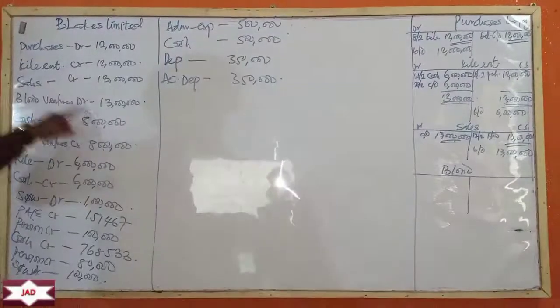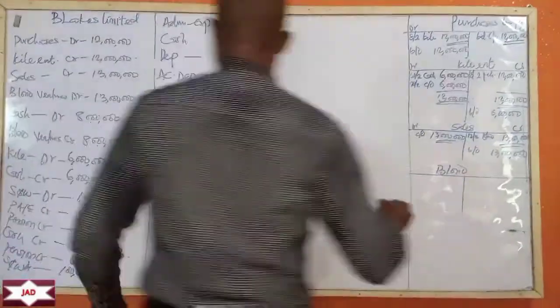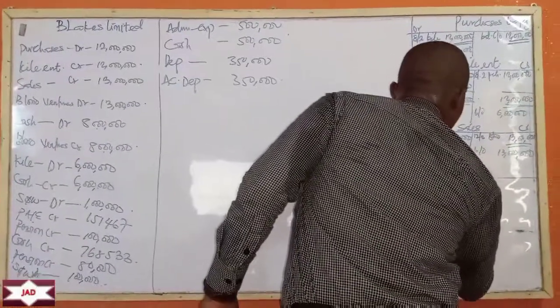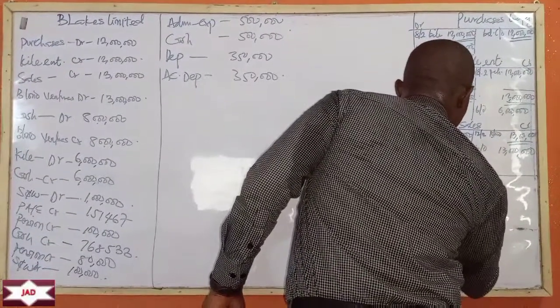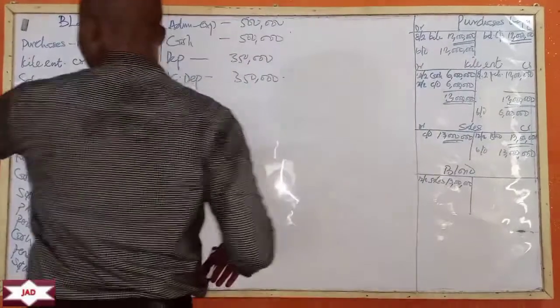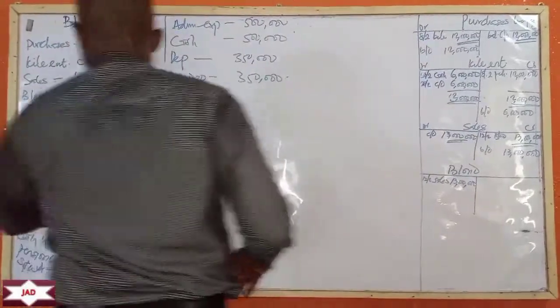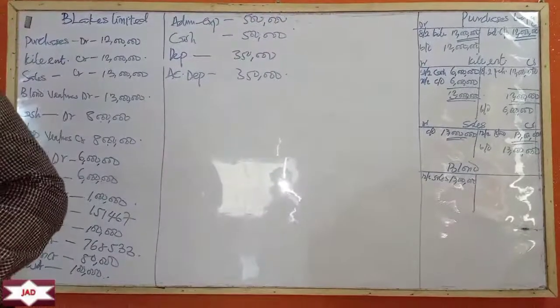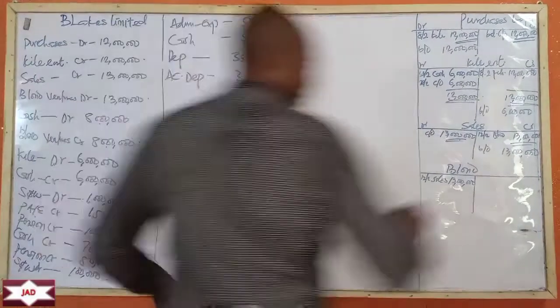The first Blonde is debit against sales. So we'll come here. 12 February, sales, 13 million. What's the next Blonde here? Against cash, credit. What's the date? Received 8 million.